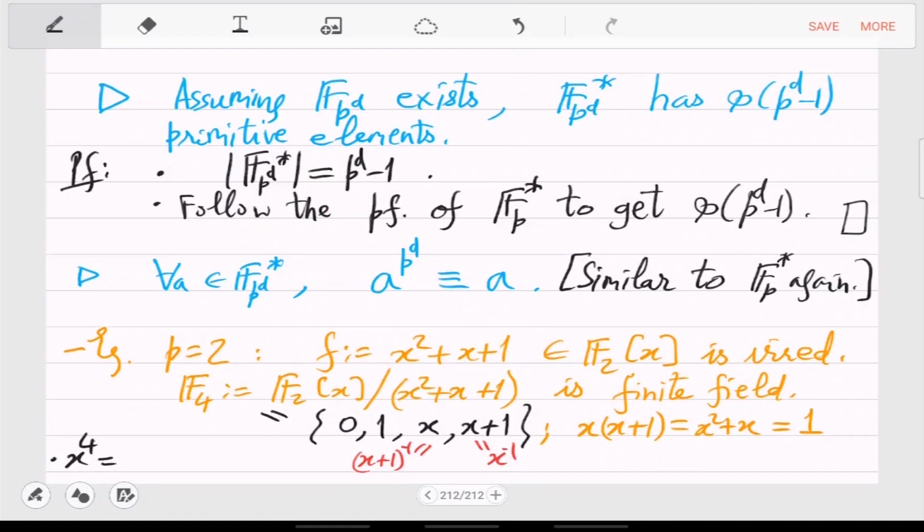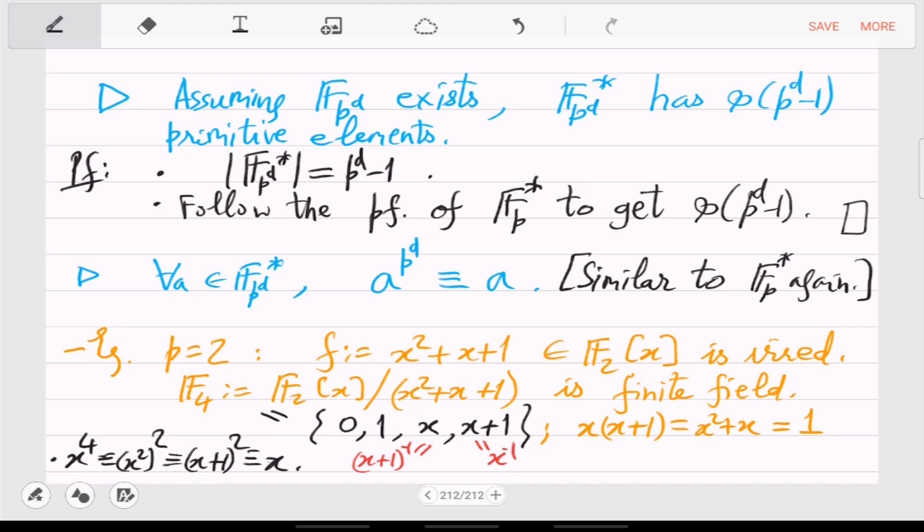What is x square? x plus 1 whole square. What is x plus 1 whole square? x plus 1 whole square is x square plus 1, which is x. So the property I wrote is indeed true. x to the 4 is x. And same thing you can do for x plus 1 also. x plus 1 to the 4 will also be x plus 1. So you can manually check these things here.